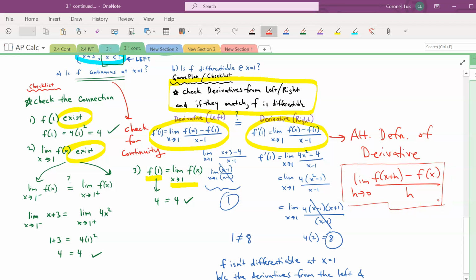But we were using the alternate form because we were trying to find the value at 1, and we knew what f of 1 was. We found that f of 1 was 4. There's our 4 right there. So when you want to check derivatives, again, use the limiting process. Check to see if the derivatives are the same. In this case, the derivatives were not the same, so f is not differentiable.